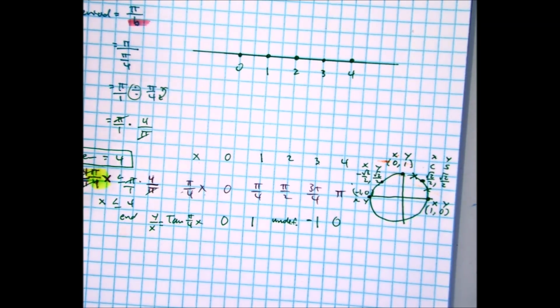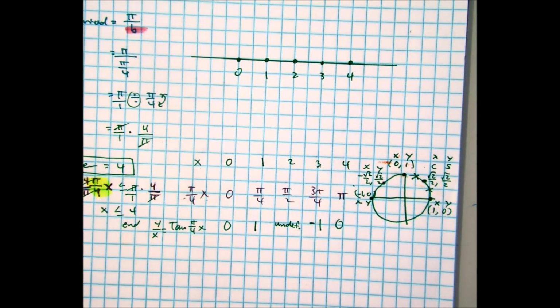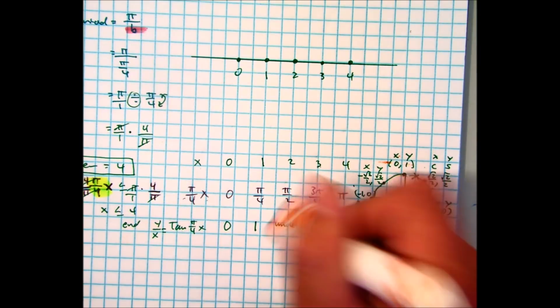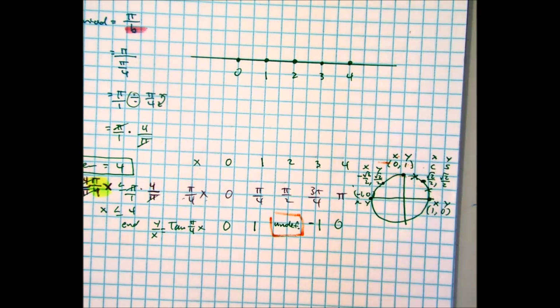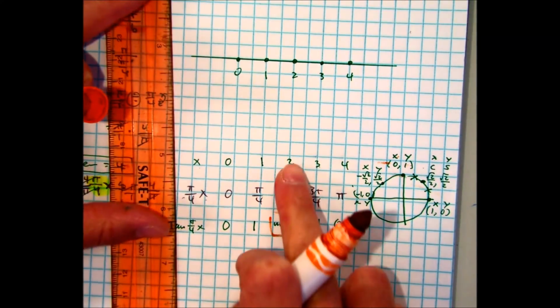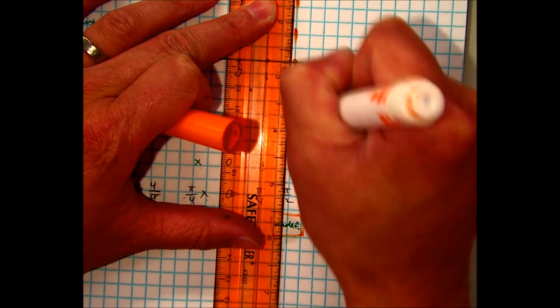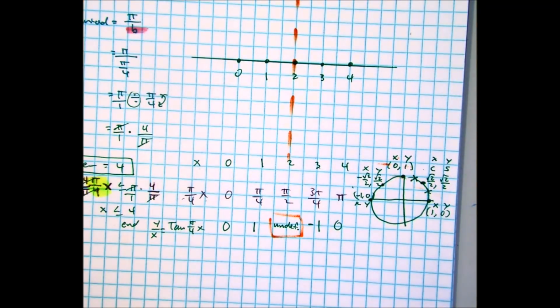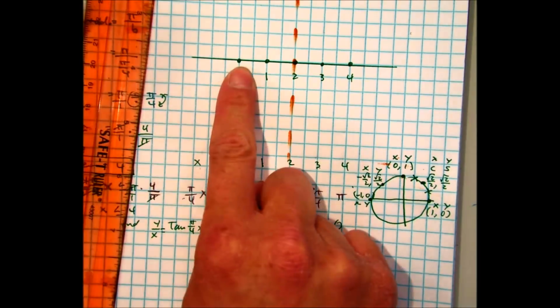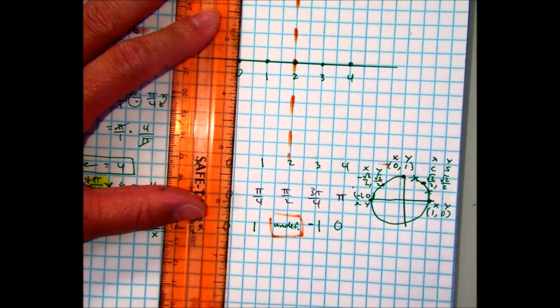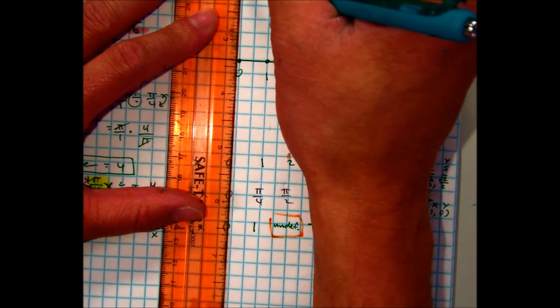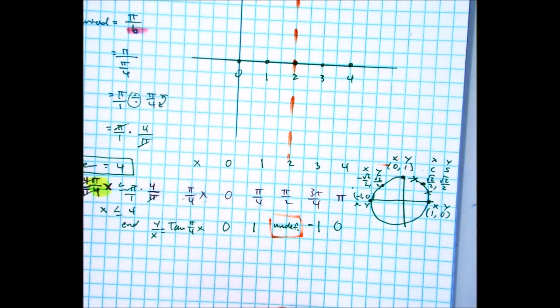Now I'm going to go ahead and graph this. I'm always going to graph my undefined asymptotes first. That's at 2. I have 0 here, so I can draw the y-axis. Make up your own scale.